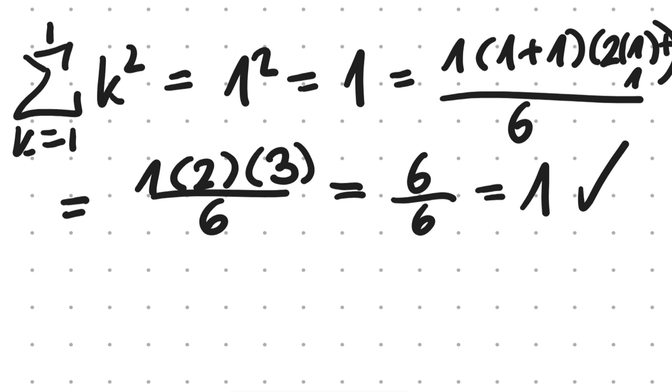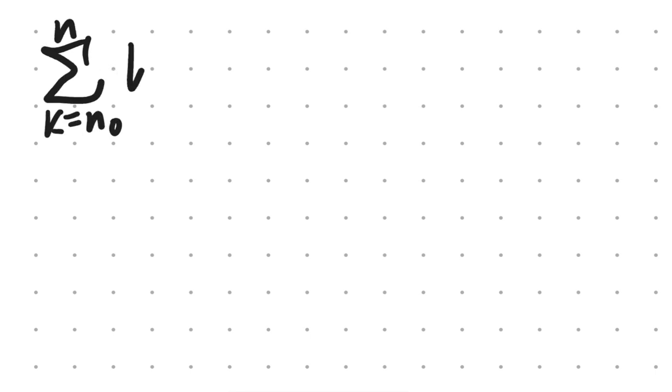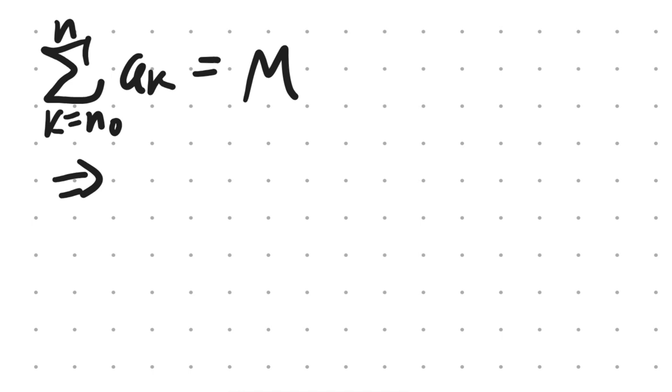Now we cannot prove it for every n this way. We actually have a very smart way of proving this. It is called induction, so proof by induction. It states that if we have any sum where k goes from some n naught to any n of some a_k, and that is equal to some property, then we can also imply that it works for n plus 1.